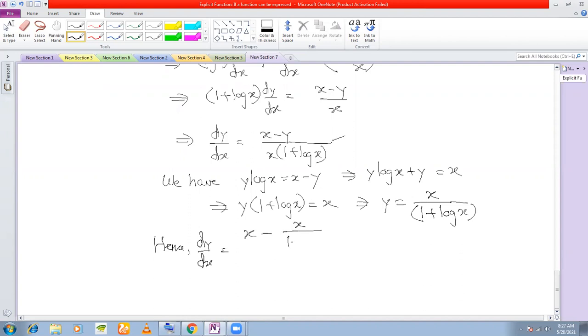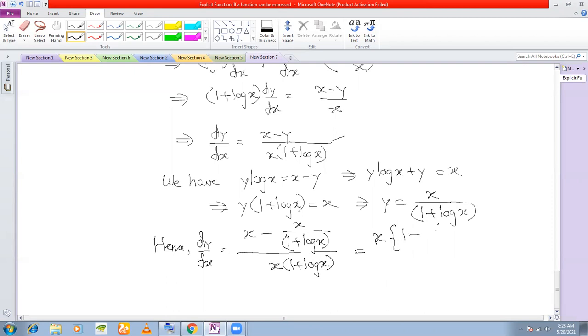Y here is as found. So now you can take your x common from the numerator.